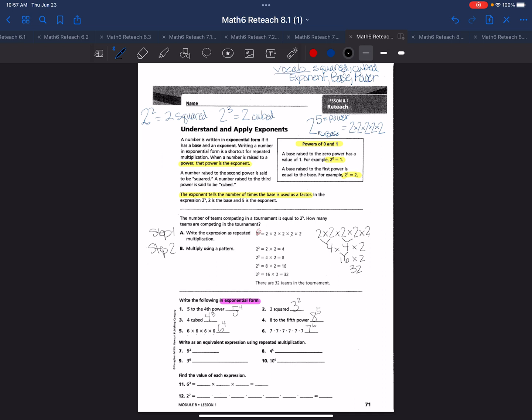For the next set of problems, it says write an equivalent expression using repeated multiplication. So again, we need to use repeated multiplication here.